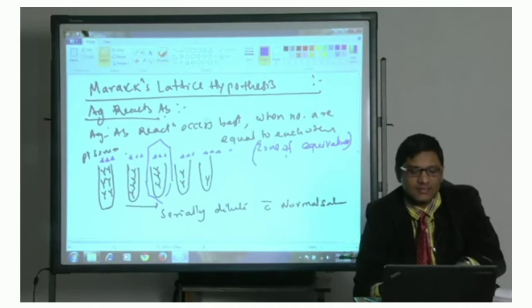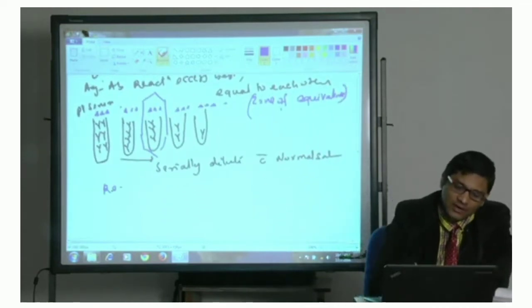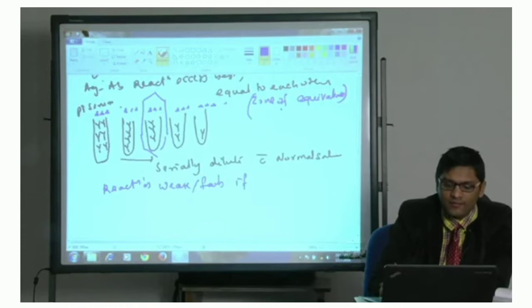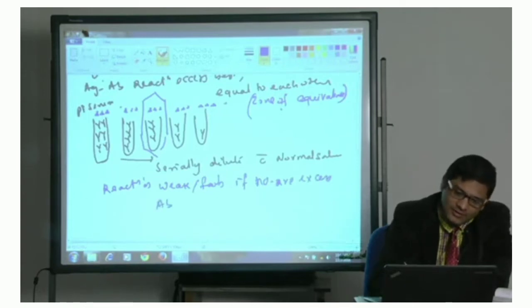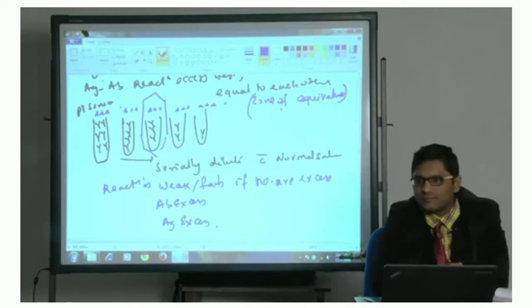Whereas the reaction is weak or fails to occur if the numbers are in excess, either antibody excess or antigen excess. In both conditions the reaction fails to occur.